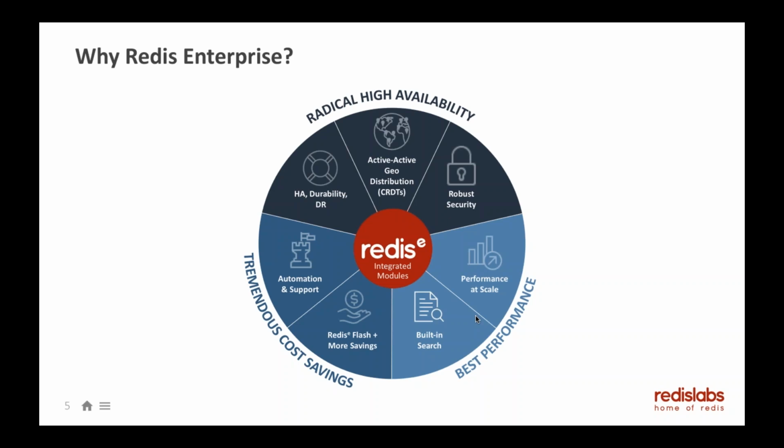We have some purpose-built indexing that provides search and indexing capabilities in the product on top of Redis data with Redis Enterprise. And the architecture is such that we have built the ability to simply and linearly scale your applications that run on Redis with Redis Enterprise.